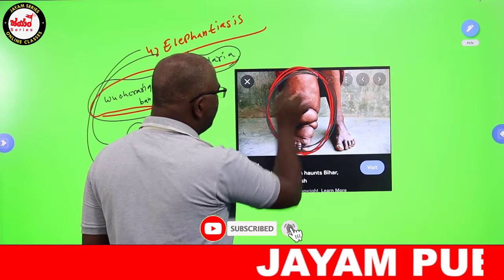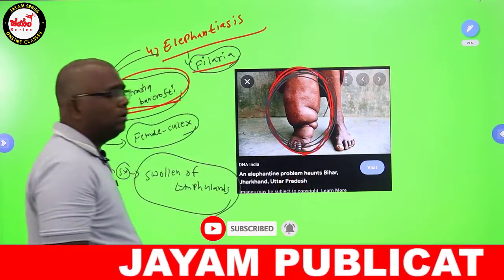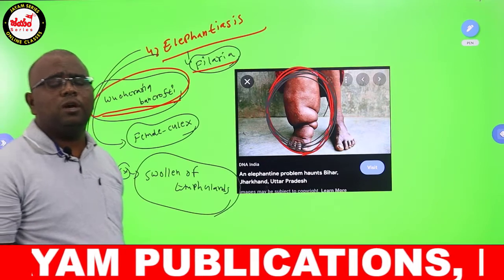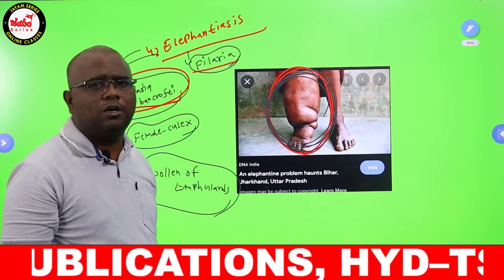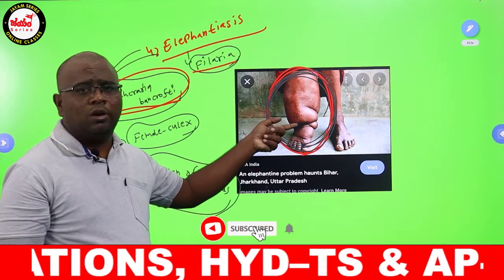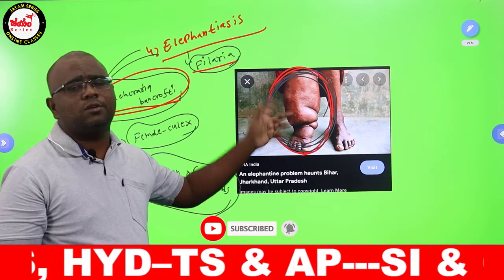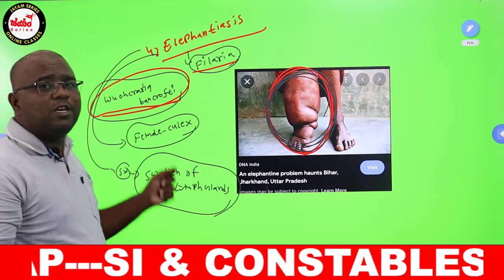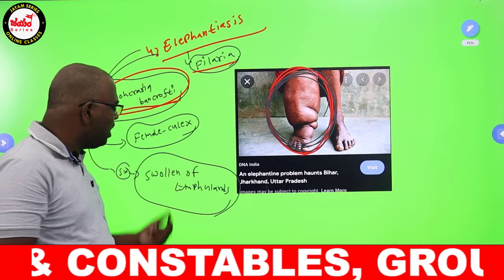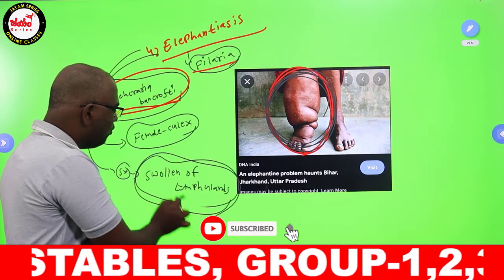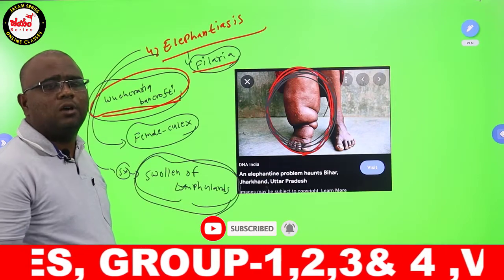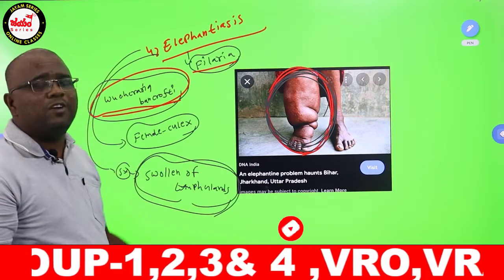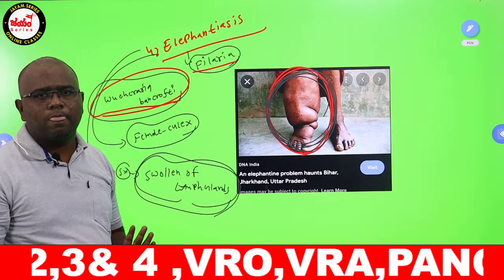Lymph glands are present throughout the human body, including the legs. The main symptom of elephantiasis is swelling of the lymph glands.